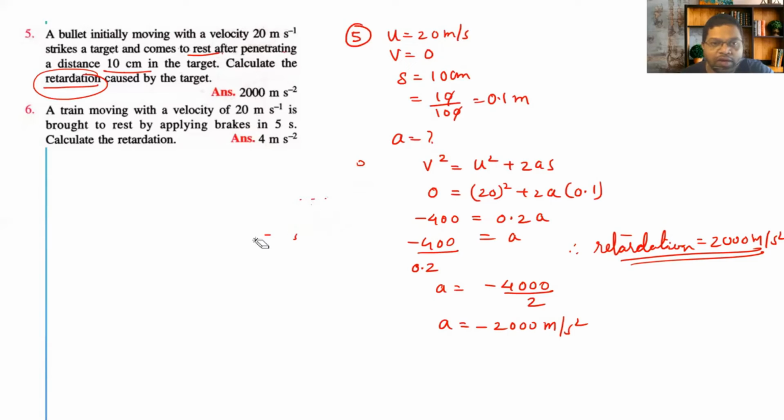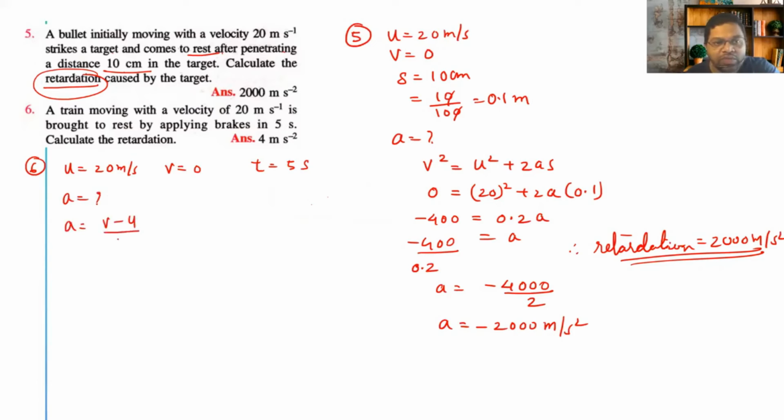Now moving ahead, we have question number 6. A train moving with a velocity of 20 meter per second, so u is equal to 20 meter per second, and it is brought to rest, so v is equal to 0, by applying brakes in 5 seconds. So t is equal to 5 seconds. Again, this is pretty easy. a is the question mark.